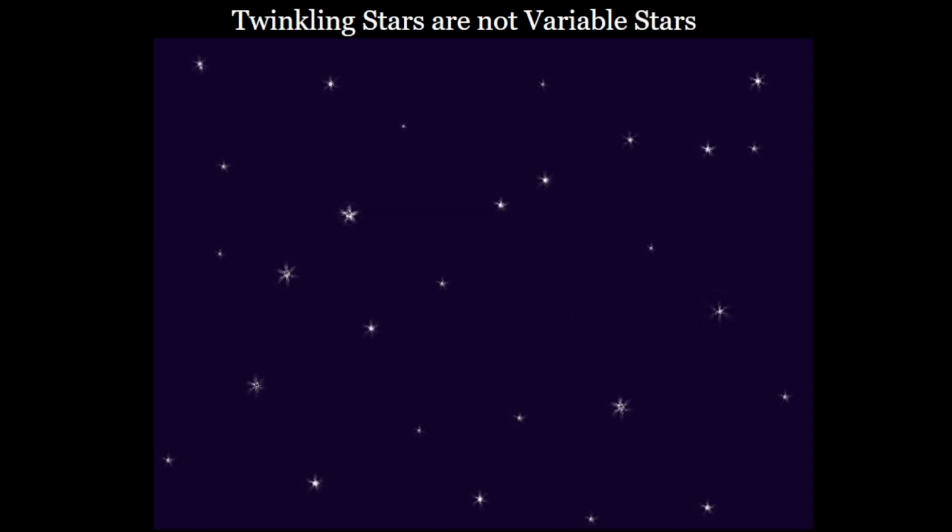Now, do not confuse variable stars with twinkling stars. If you go outside and look up to the sky, you see stars that are twinkling. These are not variable stars. That is not how variable stars work, and that is not the physics behind variable stars. The reason why the stars are twinkling is because of the turbulence in the atmosphere.